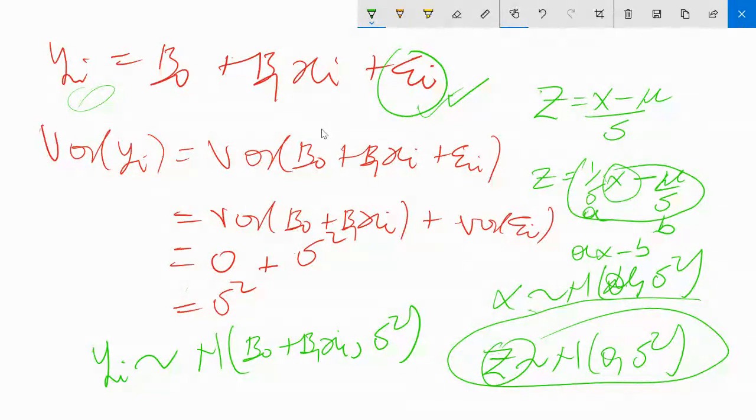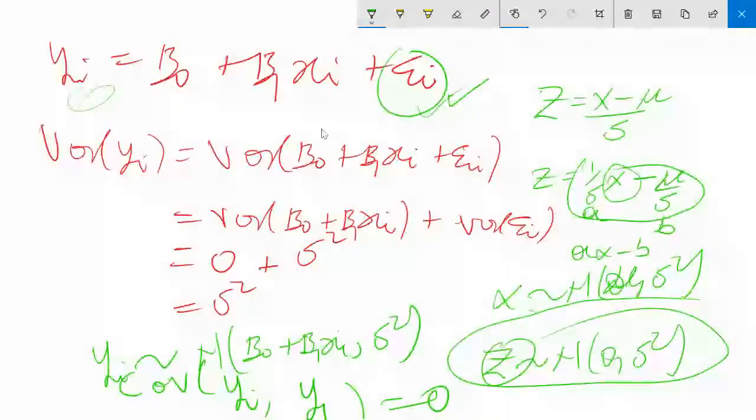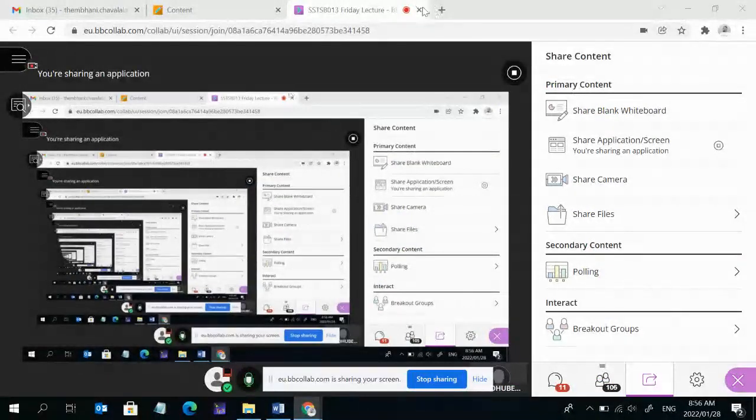And because the ei's are uncorrelated, the yi's are also uncorrelated. So the covariance of yi, yj is equal to 0 for i not equal to j, because if i is equal to j, then the covariance becomes the variance, and that will be equal to sigma squared.